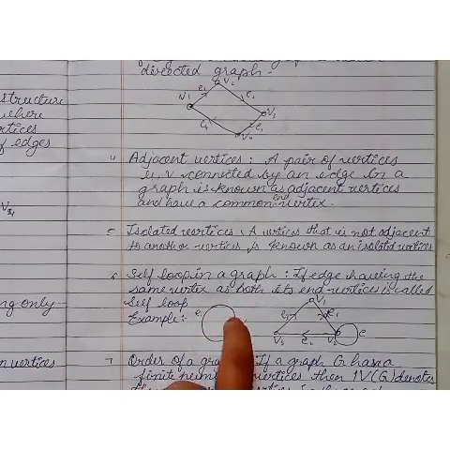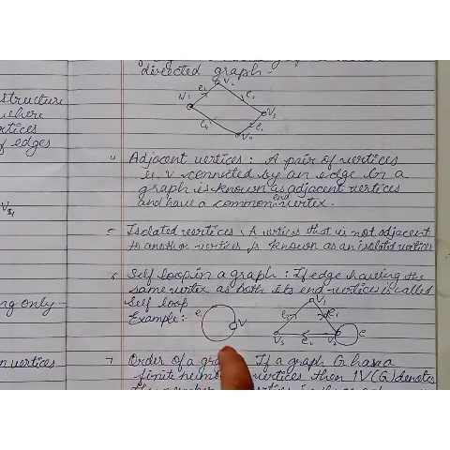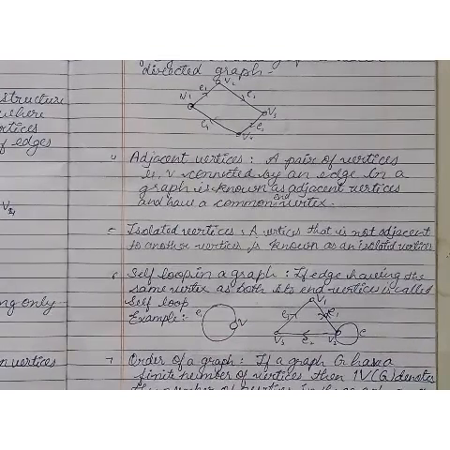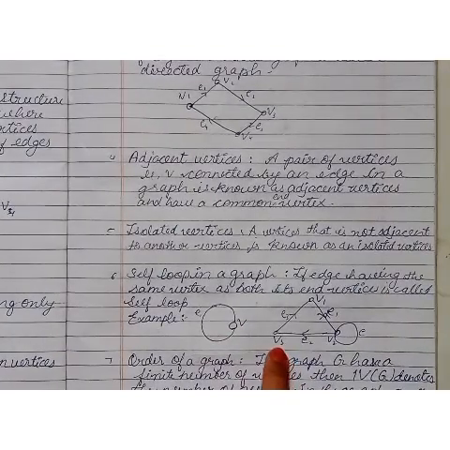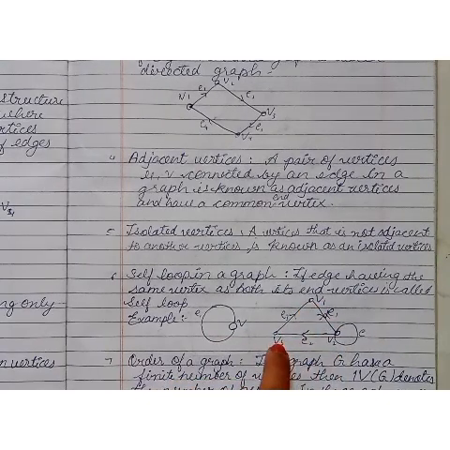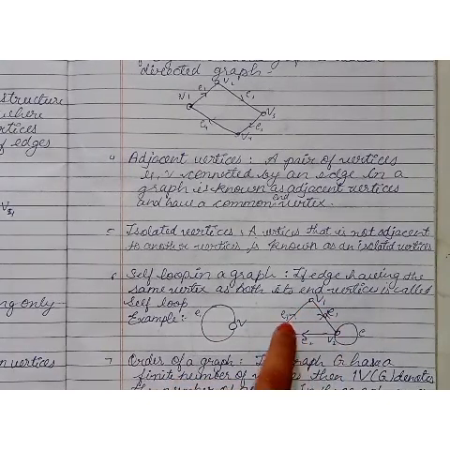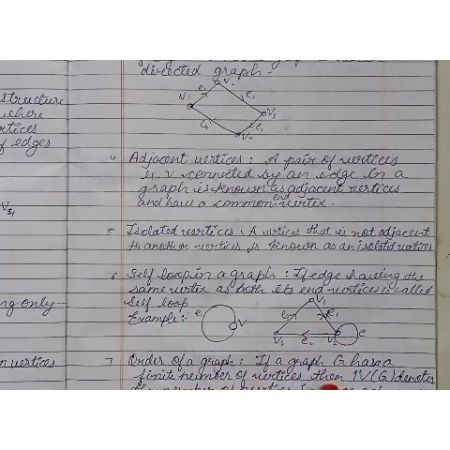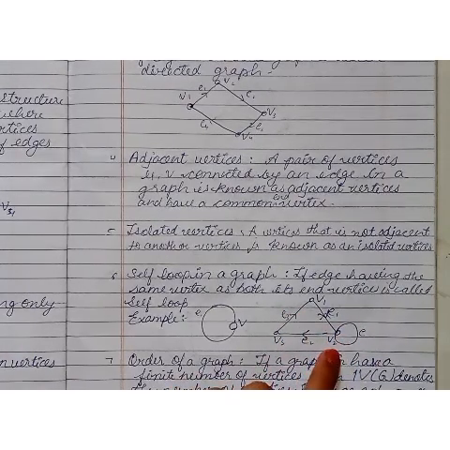This edge starts from here, completes the whole loop and ends at V only. In the second example we can also see vertices V1, V2, V3 and edges E1, E2 and E3, and there is a self-loop at vertex V2.